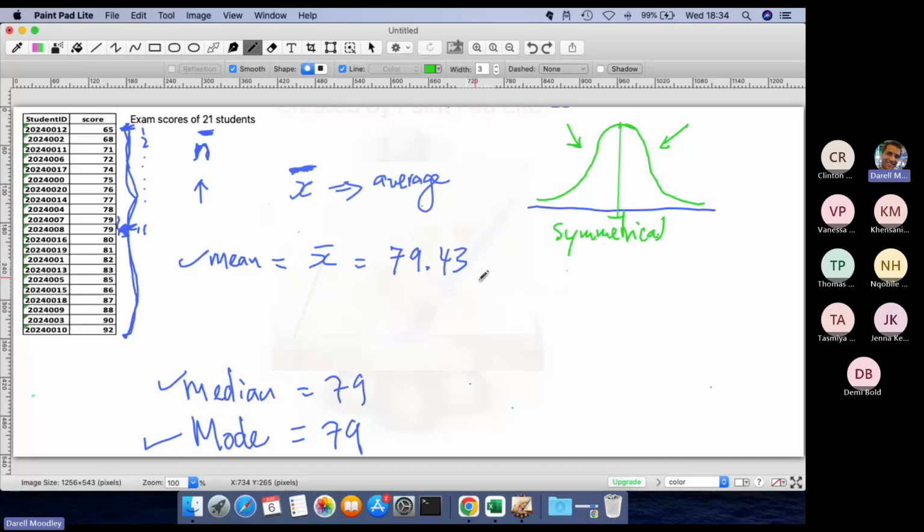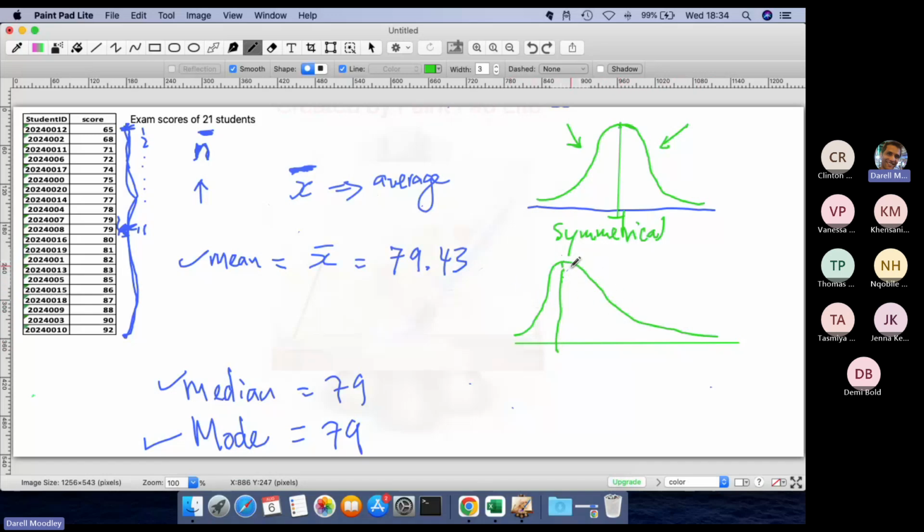But you can also have a case where instead of it being symmetrical, it can look like this. You'll have your peak here on the left, but the right drags out like this. If I draw a vertical line going down, you can see the left does not look like the right.